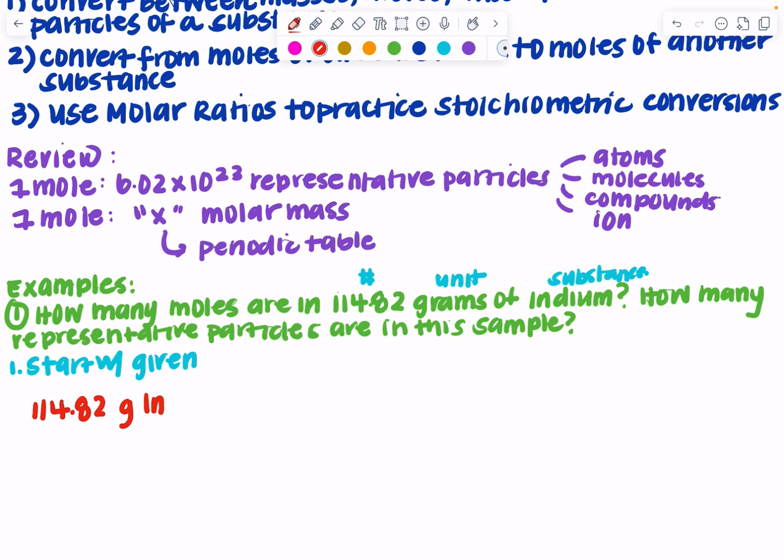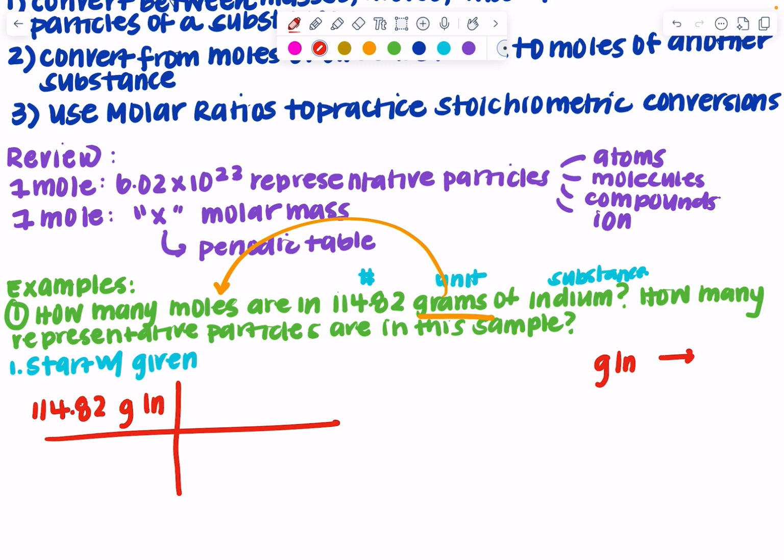We want to go from grams to moles. So we need to find some conversion between grams of indium to moles of indium. And we know that 1 mole is equal to the molar mass of indium, which is on the periodic table. It's just the atomic mass. 114 grams is 1 mole of indium.